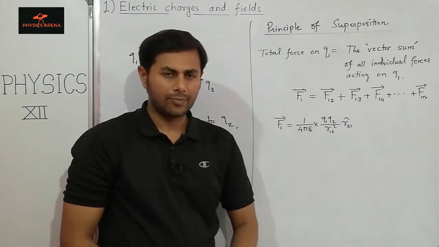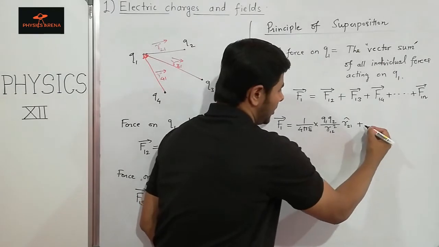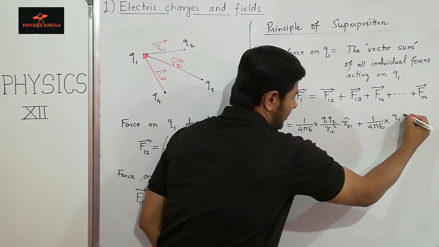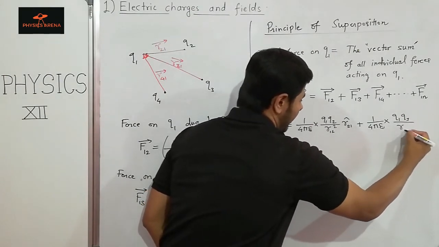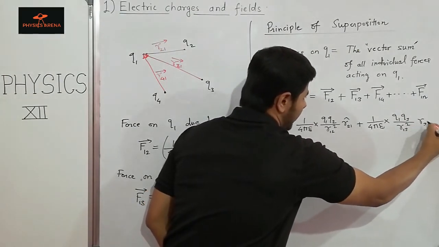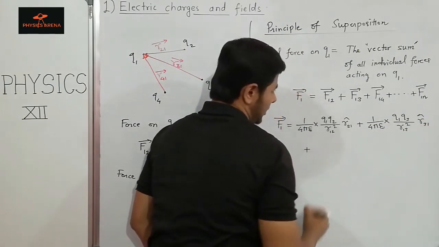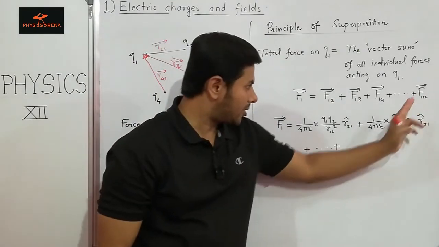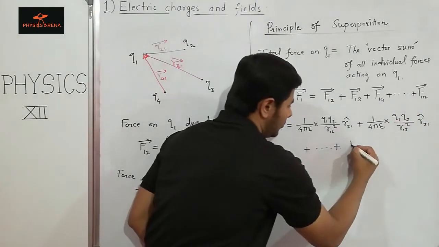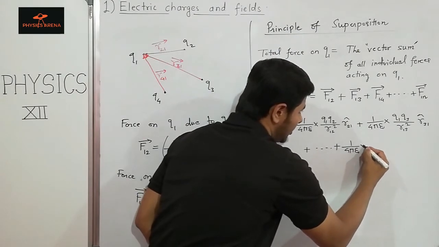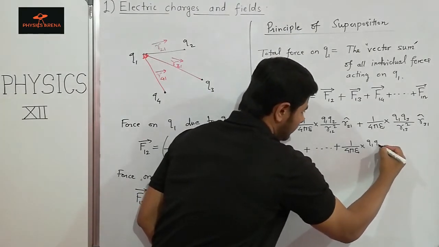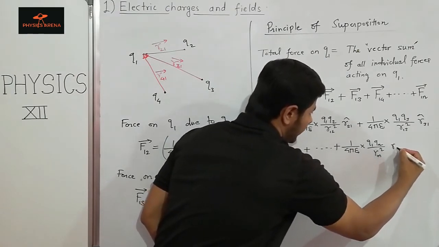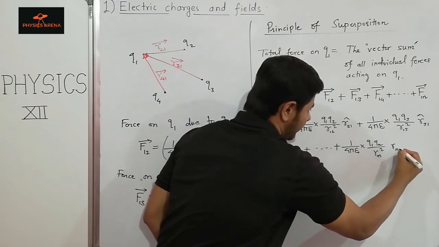This is for F12 bar, plus for F13 bar we have 1 over 4 pi epsilon naught into Q1 times Q3 divided by R13 squared into R31 cap, and so on up to plus, let's write it for the nth charge. So the force due to the nth charge will be 1 over 4 pi epsilon naught into Q1 times Qn divided by R1n squared multiplied by Rn1 cap.